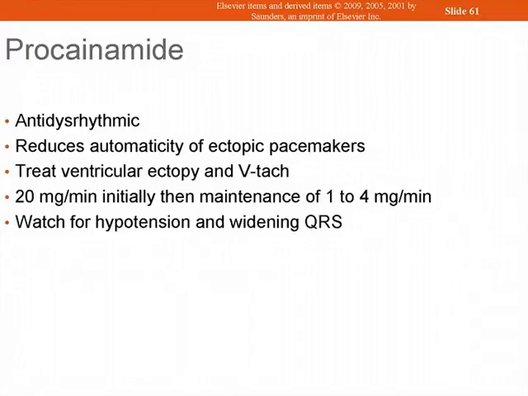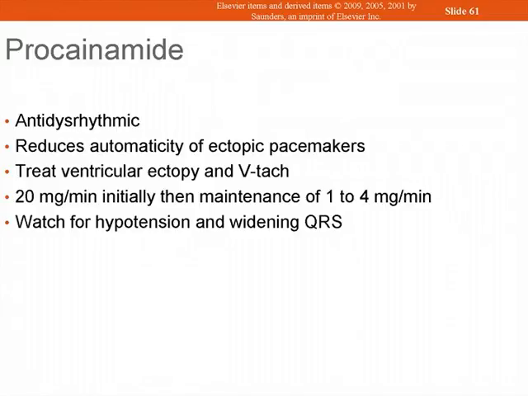Procainamide, or Pronestyl, is also an antidysrhythmic. It works by reducing automaticity of ectopic pacemakers. It is used to treat ventricular ectopy and VTAC. You want to give a 20 milligram per minute initial bolus dose and a maintenance of 1 to 4 milligrams per minute.